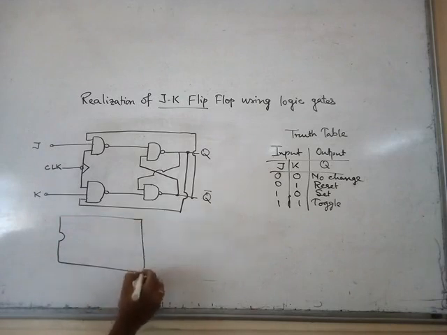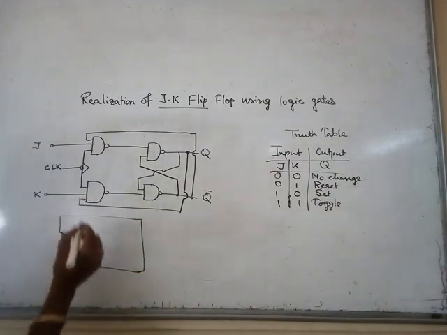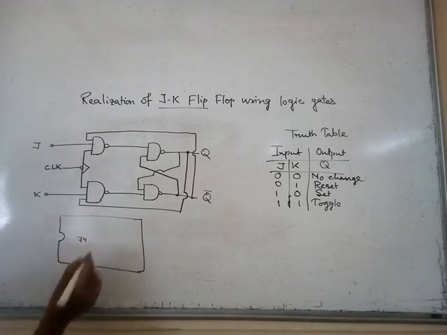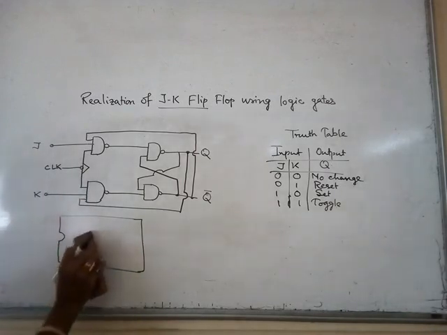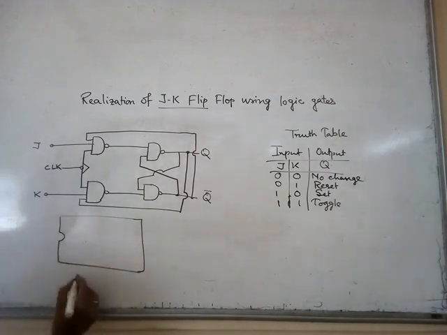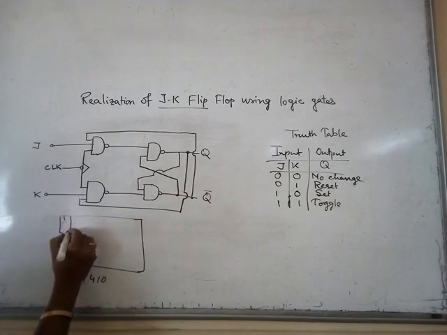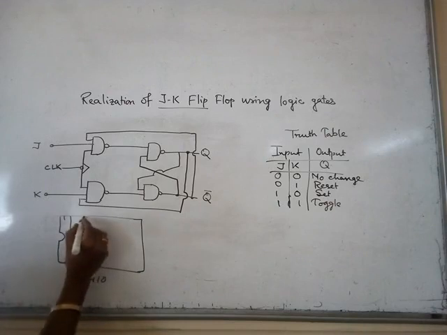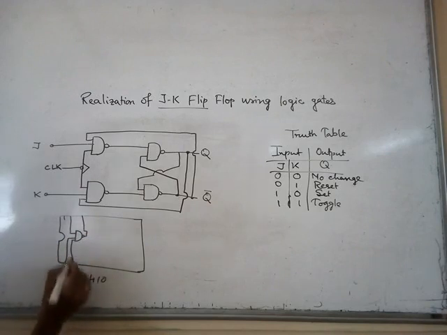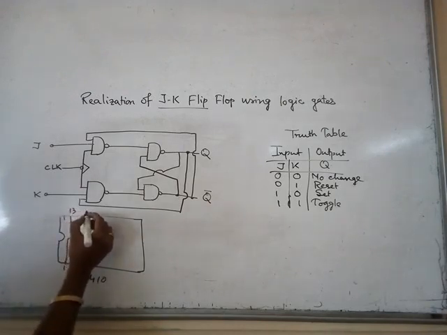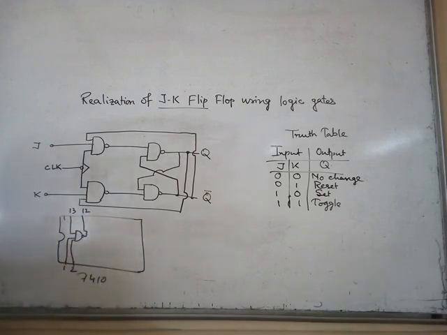If we draw the internal pin diagram, the IC number is 7410. So 1, 2 and 13 are inputs and 12 is the output for a gate.